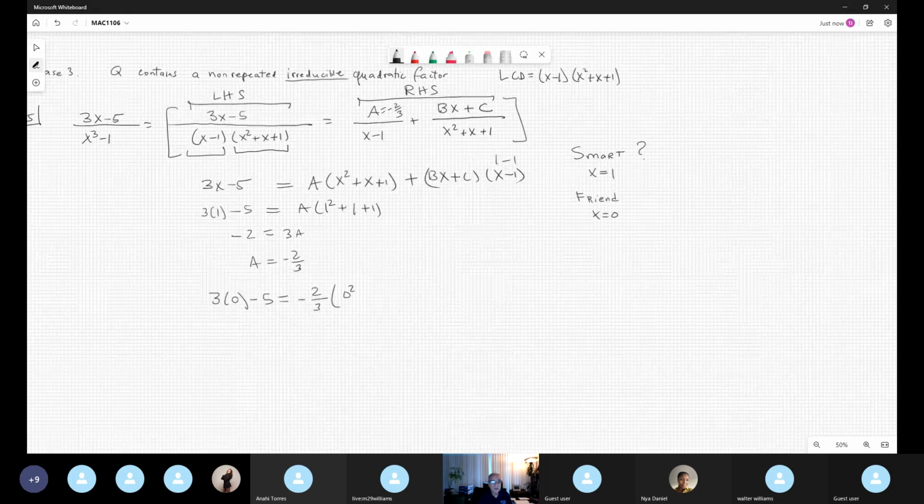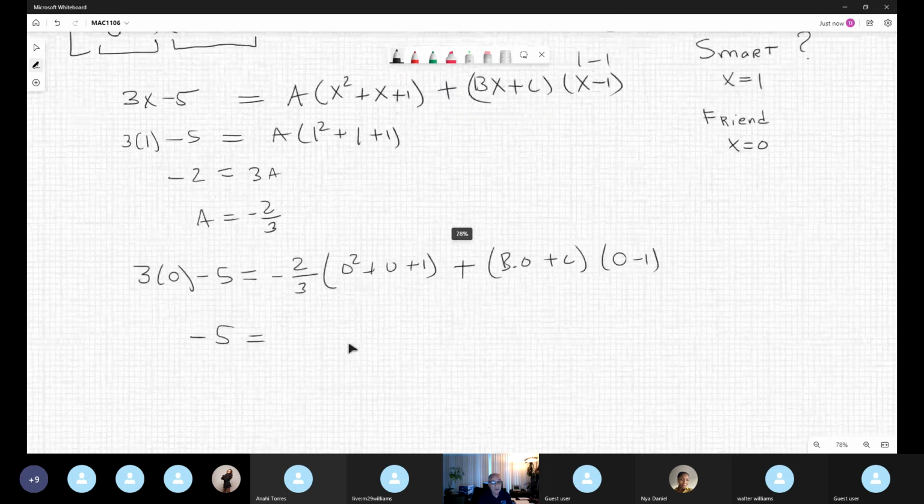0 squared plus 0 plus 1, plus B times 0 plus C times 0 minus 1. Okay, this is negative 5. It's obvious because 3 times 0 is 0, and minus 5.